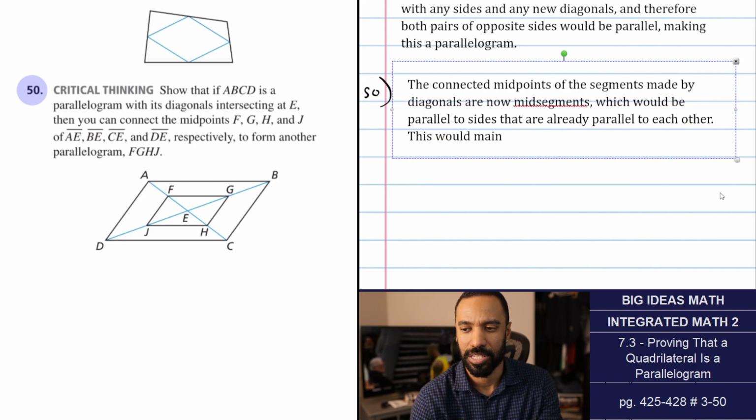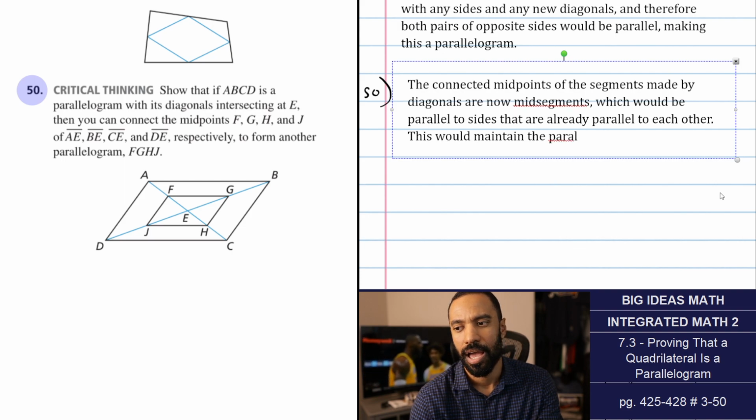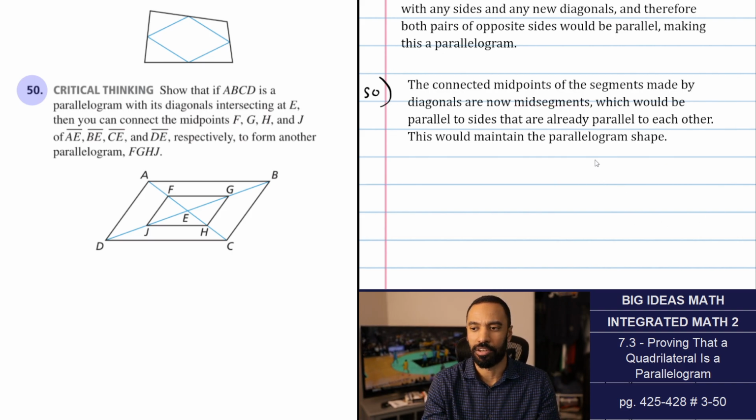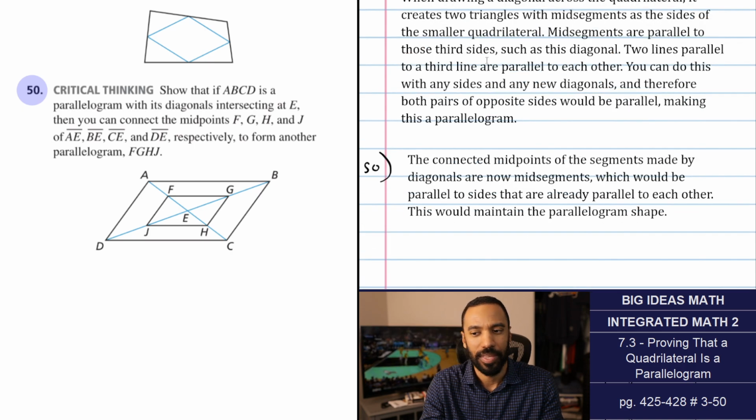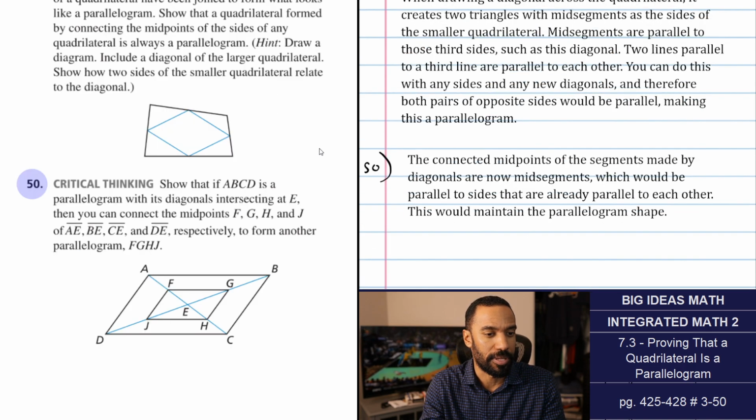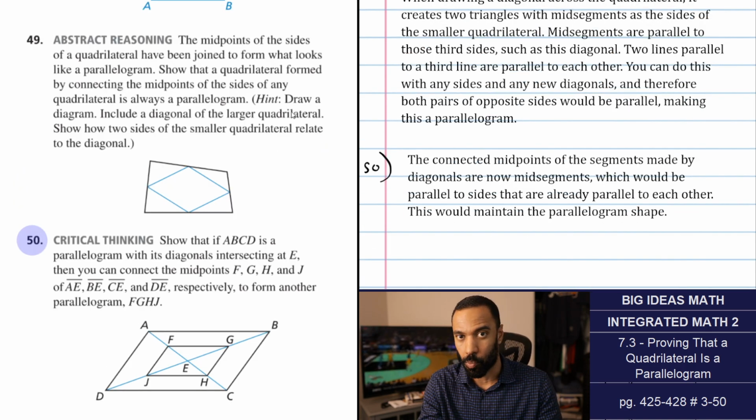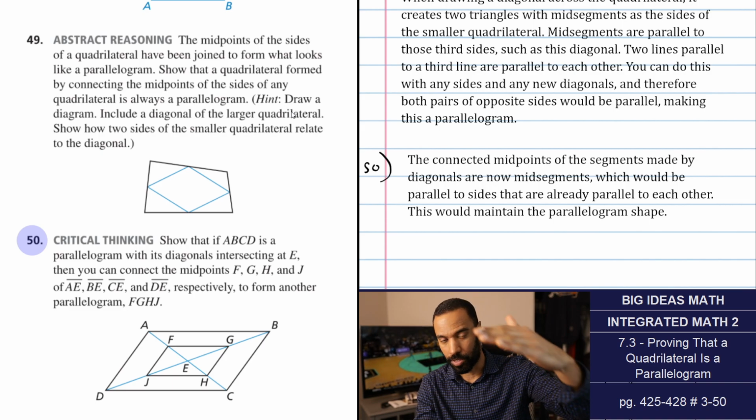This would maintain the parallelogram shape. I think the previous problem really helped us see what this thing was even more so, with a different kind of way that it's drawn, but it still works itself out in the same way. I'm going to go with that for the mid-segment bits because that's how mid-segments work. Mid-segments are parallel to their third side.